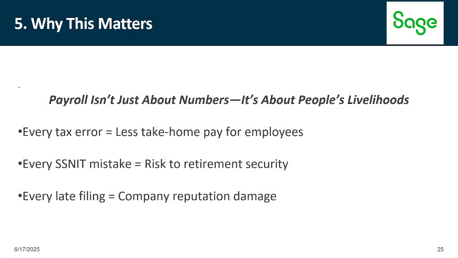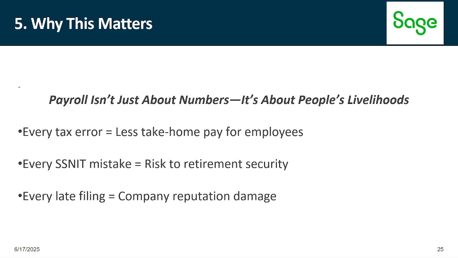So now, the last thing. Why does this matter? Why do you have to automate PAYE computation? Why do you have to automate SSNIT contributions? Payroll isn't just about numbers, it's about people's livelihoods. Every tax error means less take-home pay for employees.